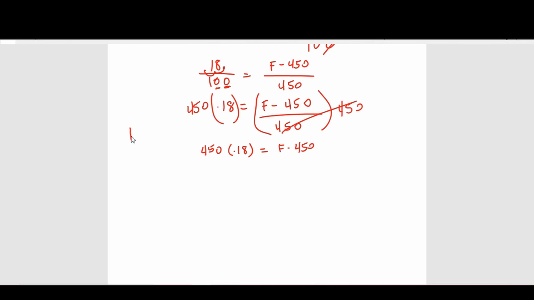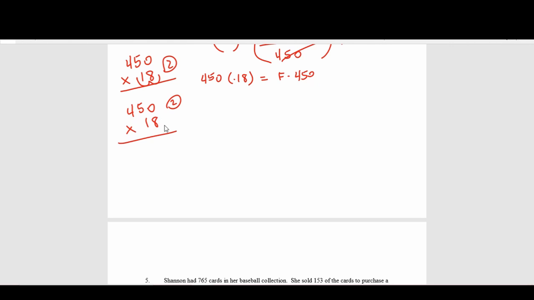And again, that looks like this off to the side. Again, we're multiplying a whole number by a decimal. The trick, as I mentioned in the other problem, is to make the decimal a whole number. In this case, we have to shift the decimal 1, 2 times. And so in reality, I'm working out 450 times 18, albeit with 2 decimal places to shift back in at the end.